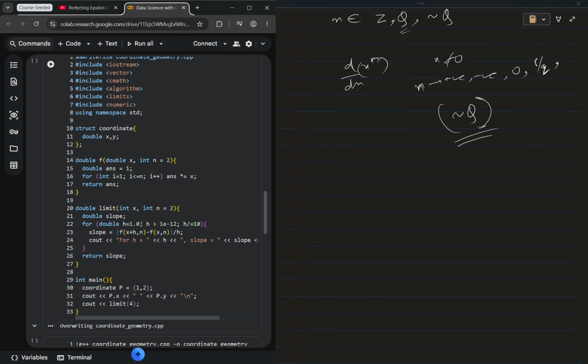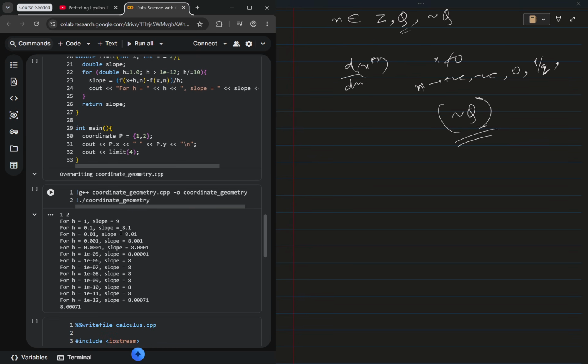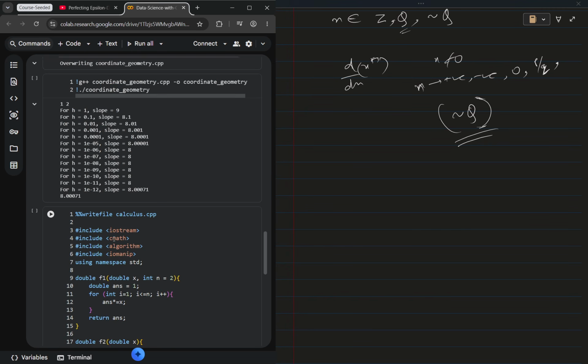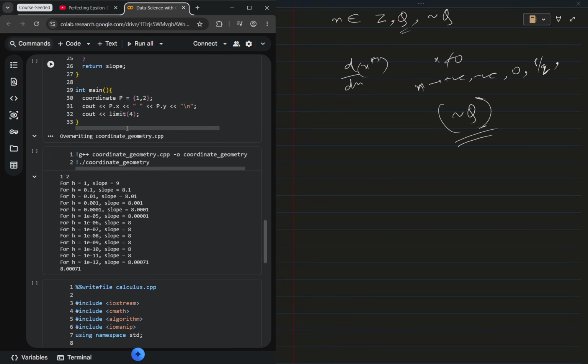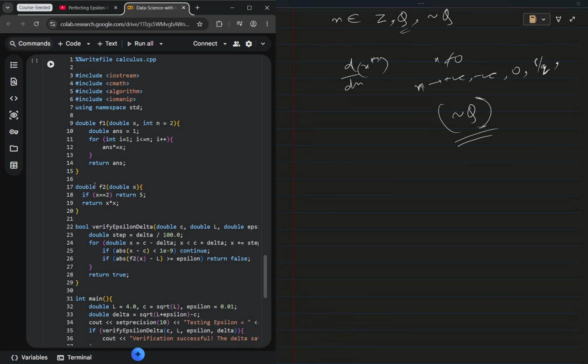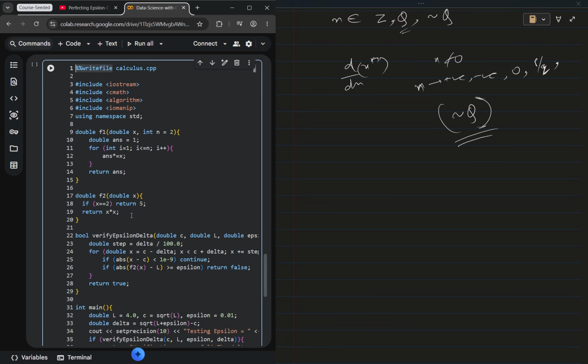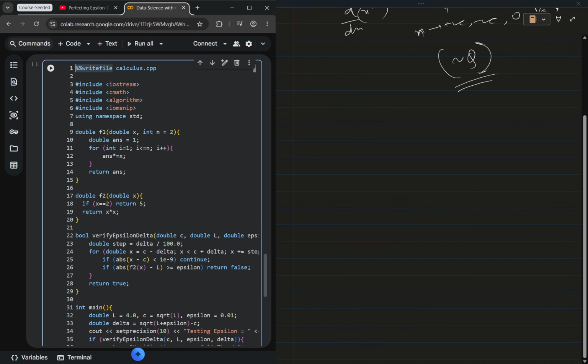So basically you had this code where you have double f, double x and so on. Basically you had to solve for this function, f2, which was your discrete function, for which you have to write your verify epsilon delta function.